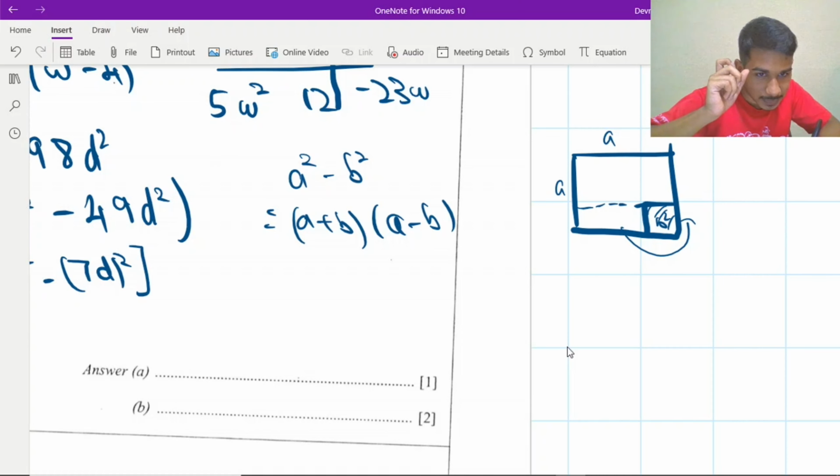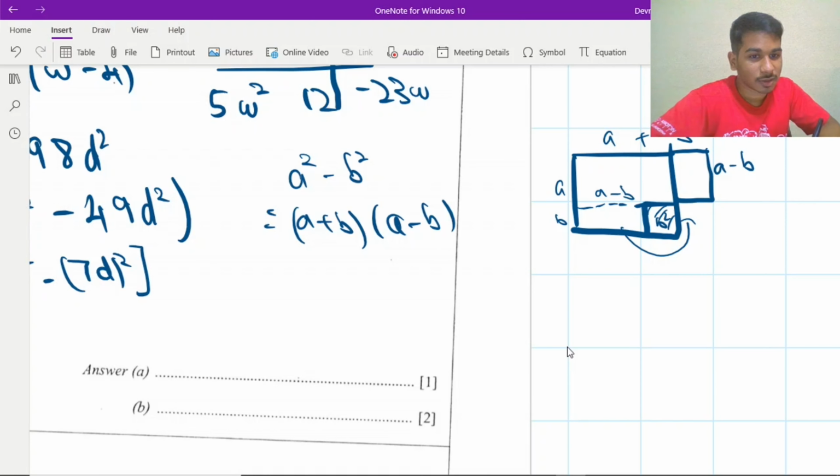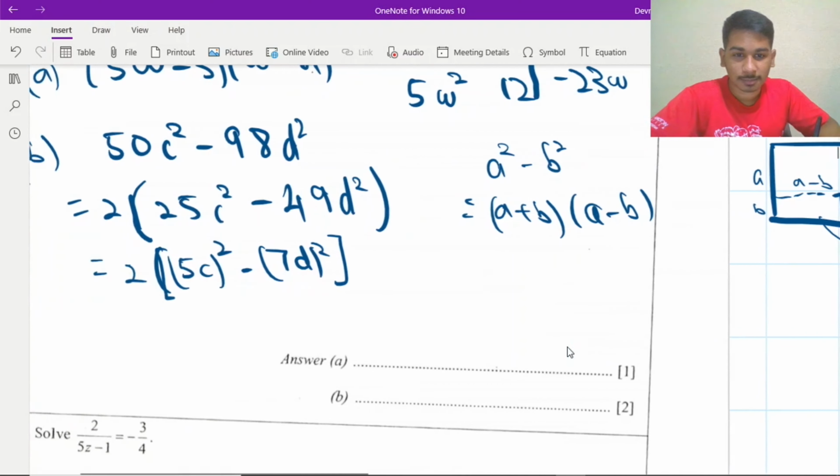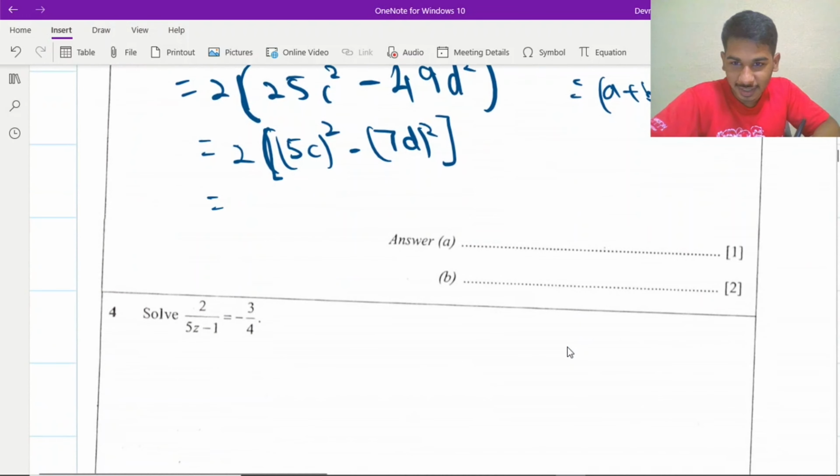If you move it there, see, this is a minus b, and this is b. So we can put it such that there's a b here, and this is a minus b. So I just moved it there. So what do we have? You have a plus b times a minus b. All we did was move it there, and we have the same area. So it's saying the difference of squares is this area, a plus b times a minus b. Okay, yeah, I like doing that proof.